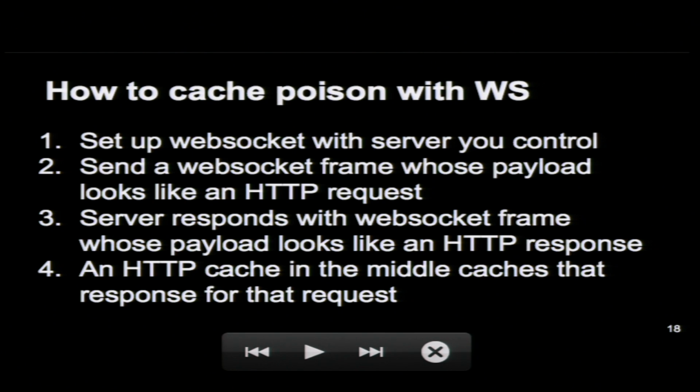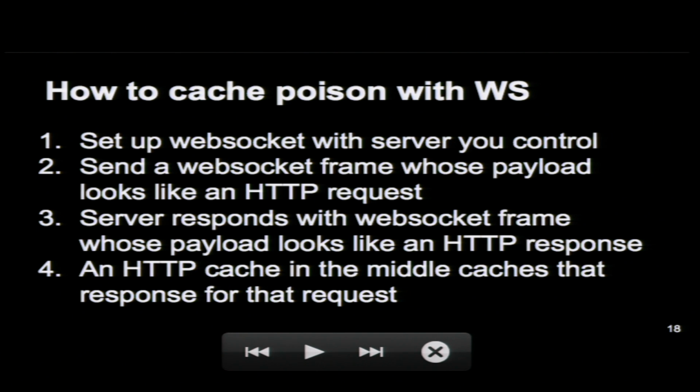So if you're going to try to do this, you would set up a WebSocket to a server you control. The WebSocket should send a payload to the server that looks like an HTTP request. And so if this was not masked, some cache in the middle could go, oh, hey, that looks like HTTP. I don't understand these bits at the front that are like the WebSockets frame, but that's HTTP, and I'm supposed to grab HTTP requests.